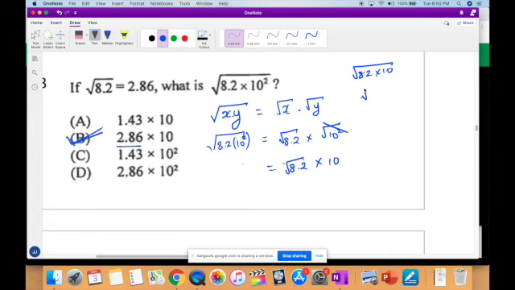I don't know how you get 8200. Well, at the end of the day you should have gotten 100. 10 squared is 100. Right. So that means that you would have had to move those decimal places 1, 2 spaces. So that means that you would have gotten the square root of 820. I don't know how you get 8200.